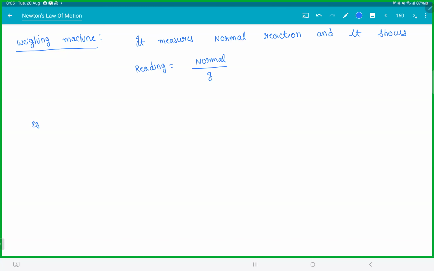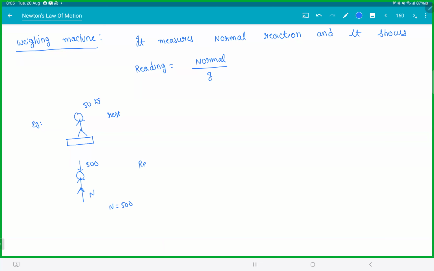Example, let's say you have a weighing machine like this and someone is standing on it, and the system is at rest, and this guy's weight is 50 kg. If you draw the FBD of the man, the normal reaction is N, this is 500, so N is 500.